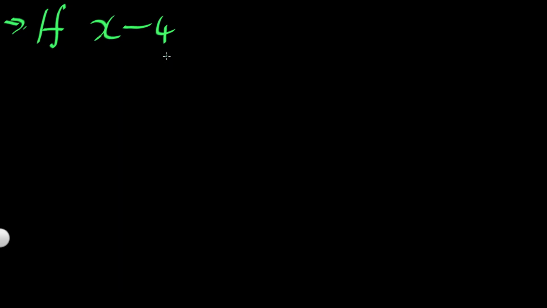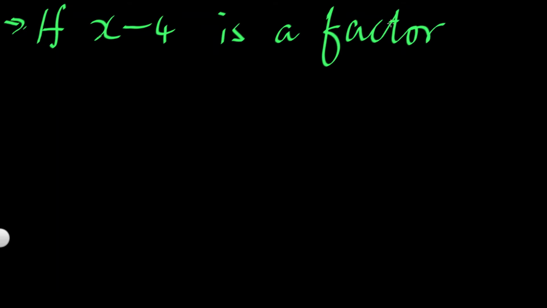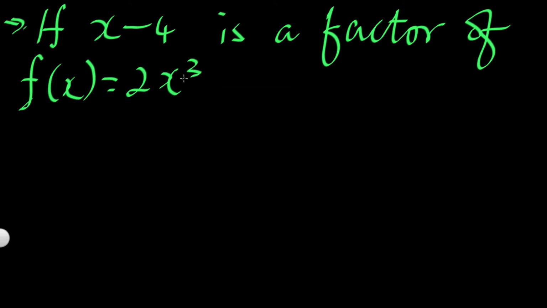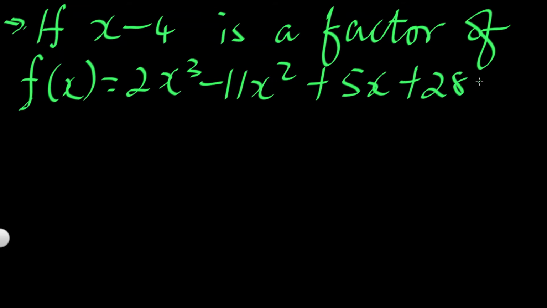If x minus 4 is a factor of f of x, and our f of x is 2x cubed minus 11x squared plus 5x plus 28.